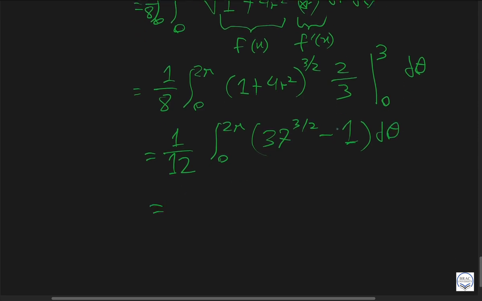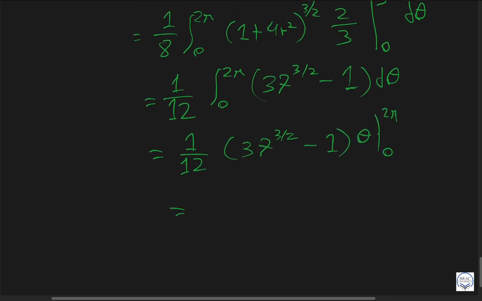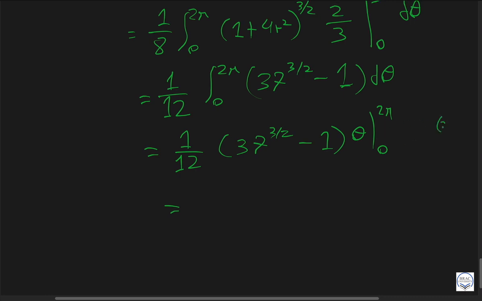Once I do this part, I'll just get theta back. This is just a constant, 37 to the power 3 by 2 minus 1, times theta from 0 to 2 pi. If I do this integral, this will just give me 2 pi minus 0, because the lower limit is 0 and the upper limit is 2 pi.